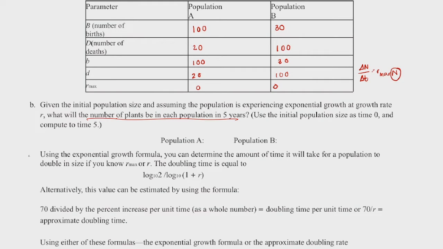So it's asking for N. For population A, delta N is 100 minus 20. And R max is 0. Delta t is 5.